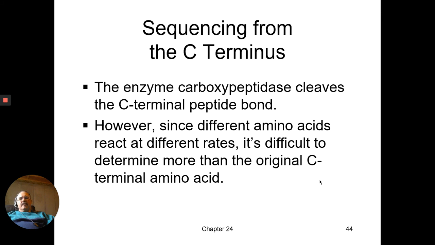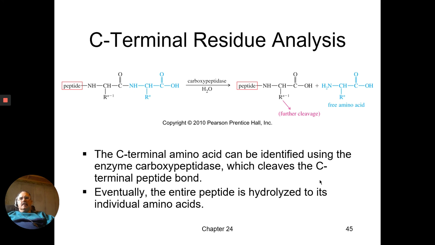Now, to sequence from the C-terminus, the enzyme carboxypeptidase cleaves the C-terminal peptide bond. And since different amino acids react at different rates, it's difficult to determine more than the original C-terminal amino acid.